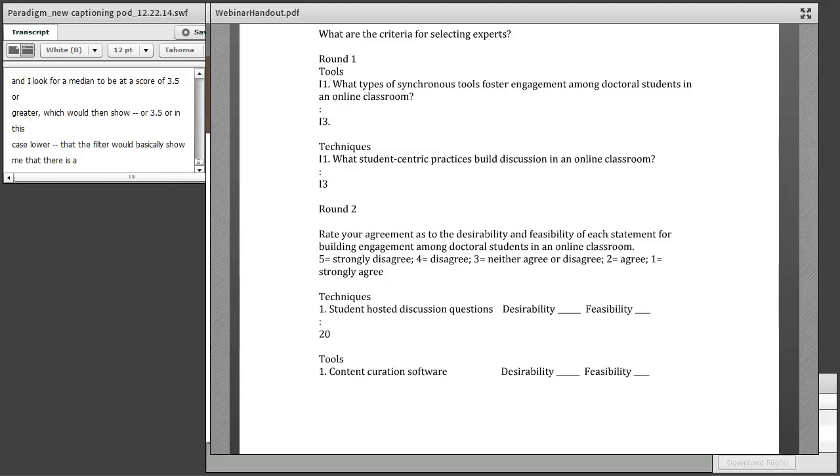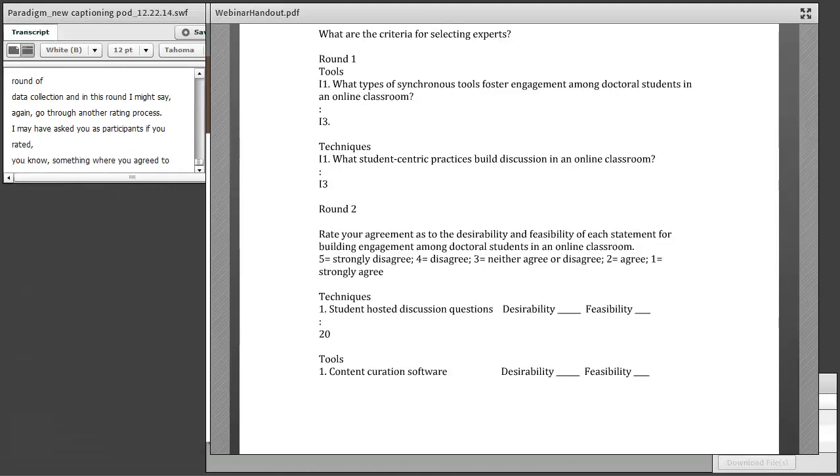For those items that have a tendency towards consensus, I would move them into a third round of data collection. And in this round, I might say, again, go through another rating process. I may have asked you as participants if you rated something where you disagreed to explain why, and I may decide to give everybody the results of the group.